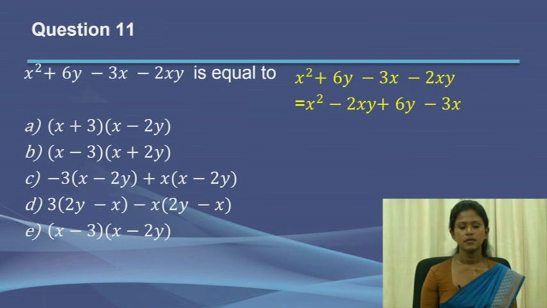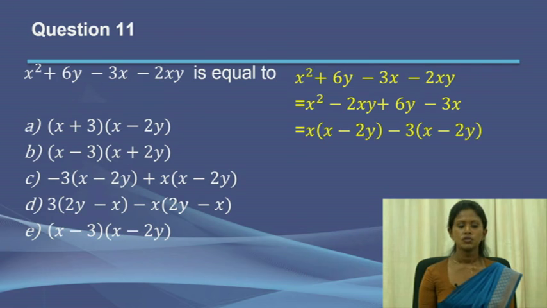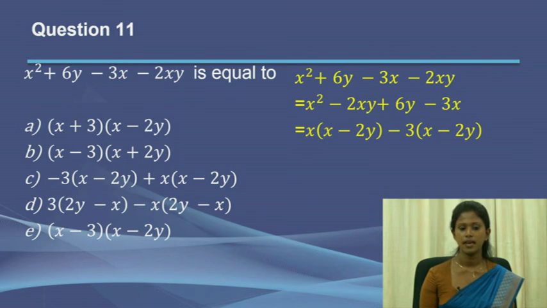We take minus 2xy with x squared, and 6y with minus 3x. Now we are taking the common terms out. What are the common terms? We take x from x squared minus 2xy and we take minus 3 out from 6y minus 3x. Here, if you look at this, x minus 2y is common on both the left and the right side.